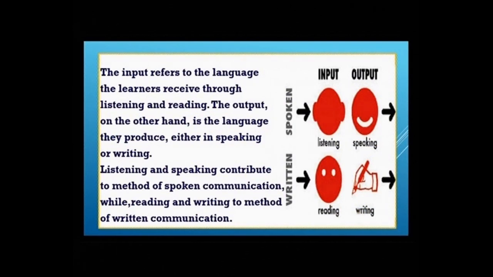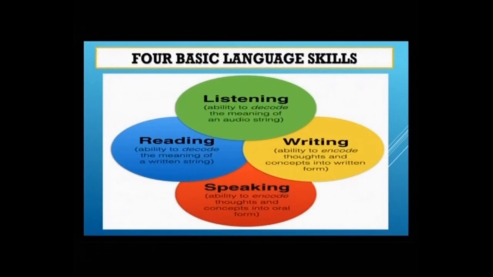In input, there is listening and reading, and in output, there is speaking and writing. And in the method of communication, there are 2 methods, spoken and written. Spoken are listening and speaking, and written are reading and writing. So, there are 4 basic language skills.